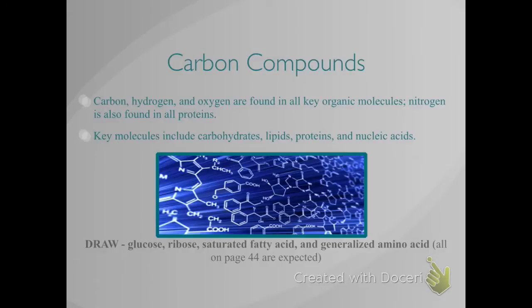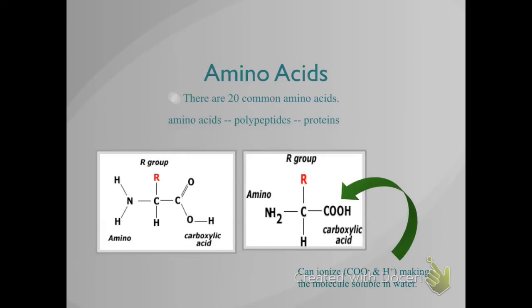So between carbon, hydrogen, oxygen, and nitrogen, those are basic building blocks for all 4 of these key compounds. You will be drawing these, but we're going to complete that in class. So I'm just going to go through a couple basic building blocks for proteins, carbohydrates, and lipids. We won't deal with DNA right now because DNA actually has its own particular topic.